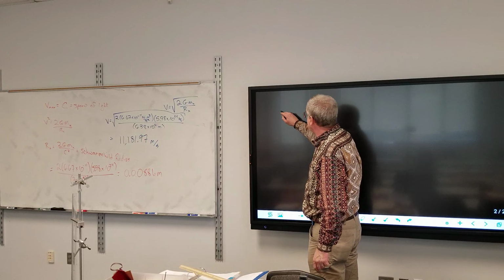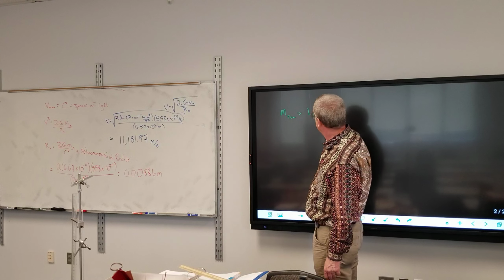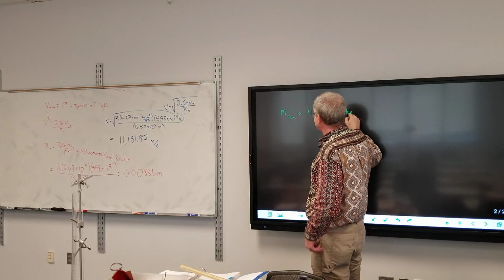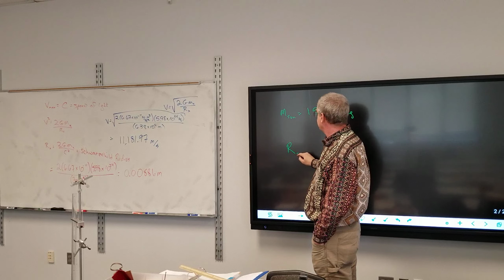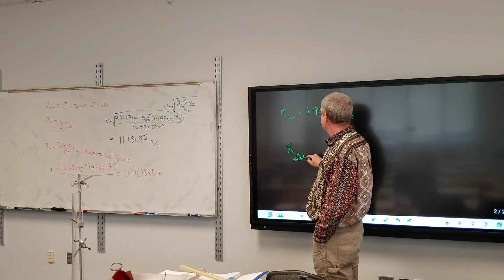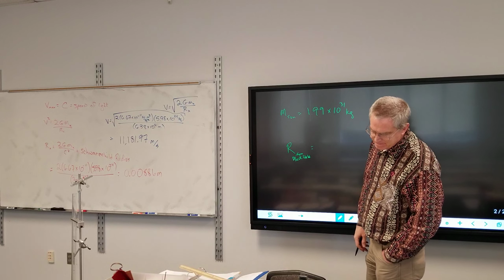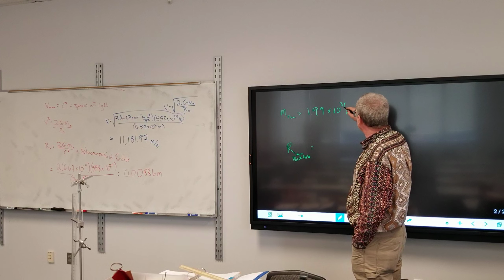So mass of the sun, 1.99 times 10 to the 30th kilograms.